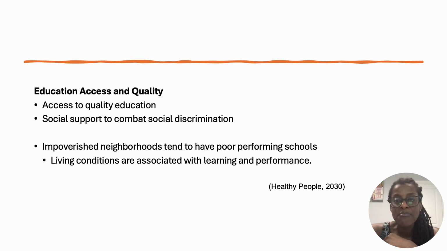Education is a major determinant of health since it is associated with employment opportunities, job opportunities, and income. Having access to quality education early on, as children and as adolescents, is essential. It really provides a strong scaffolding for high school readiness or college readiness.